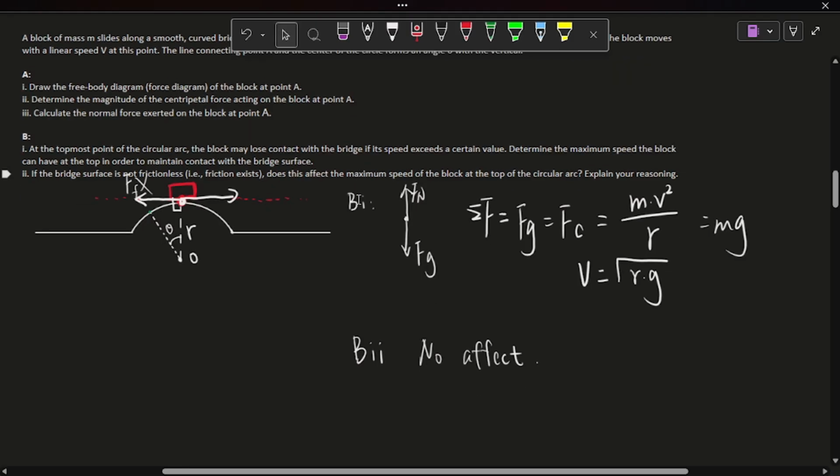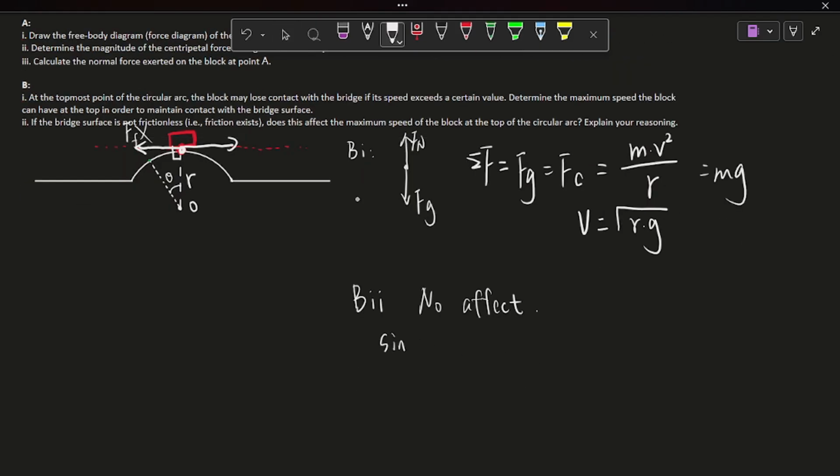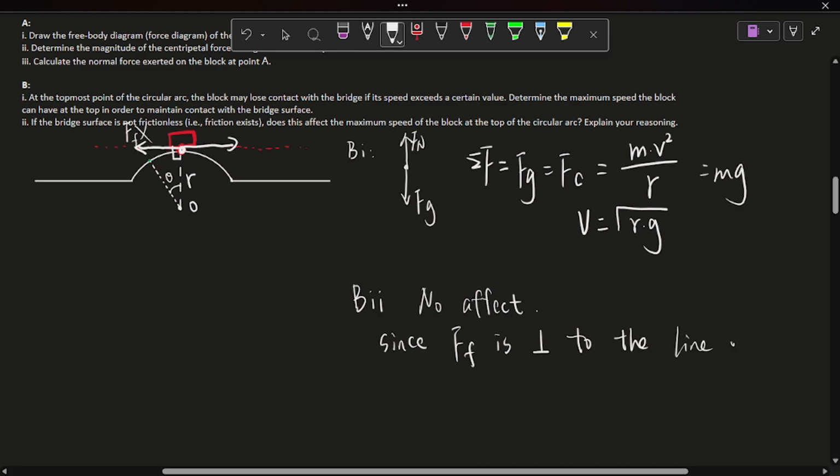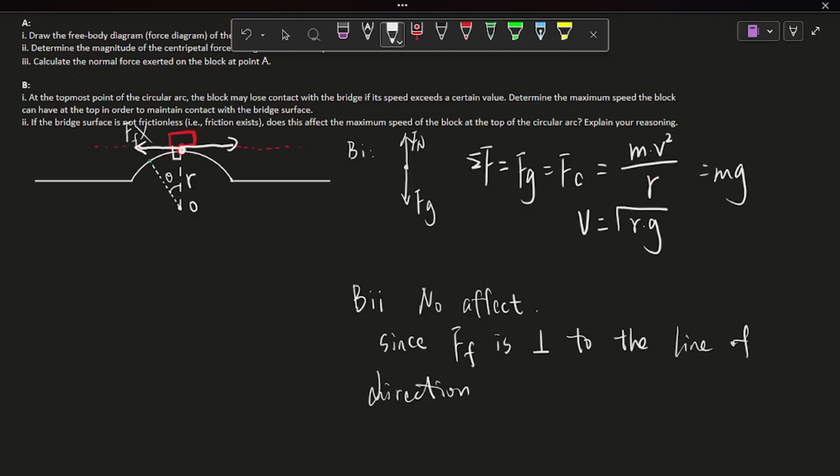The reason you can just say that is that Ff is perpendicular to the centripetal force direction, or to the line of direction of centripetal force.